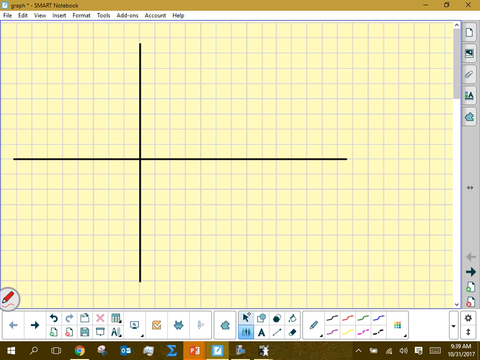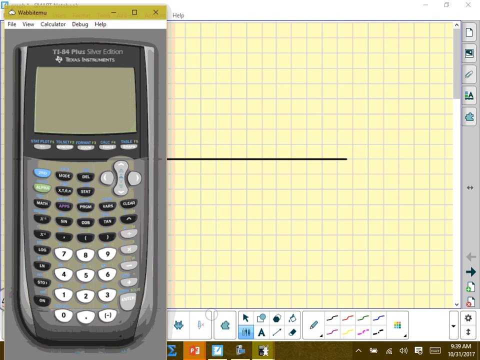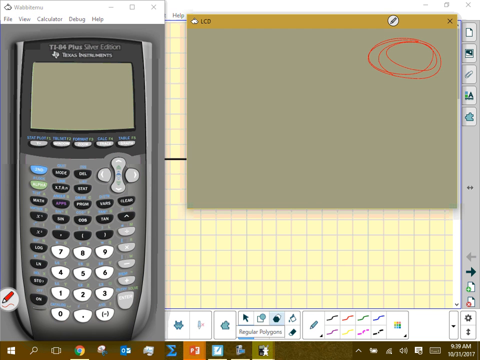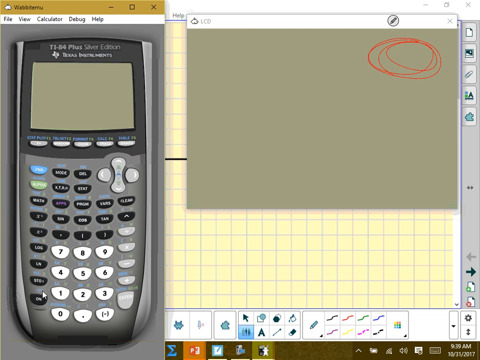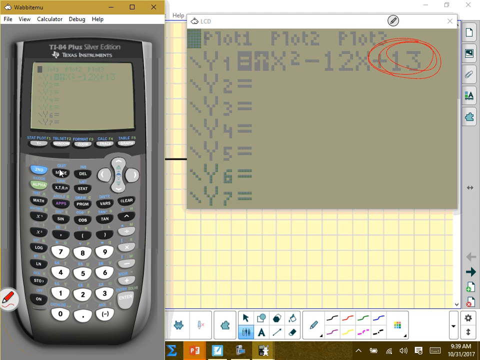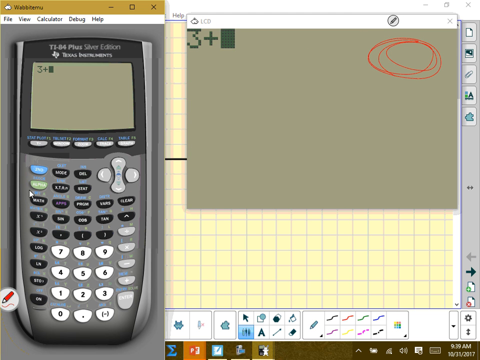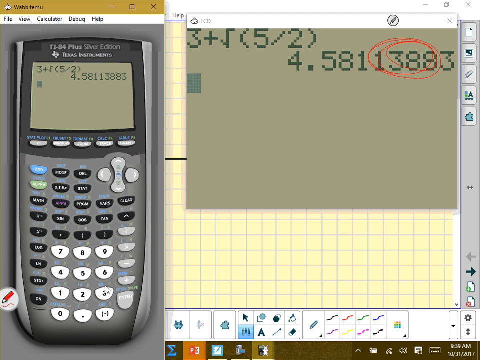All right, so if I take 3 plus square root of 5 over 2, that gives me that number, and 3 minus that gives me that number.